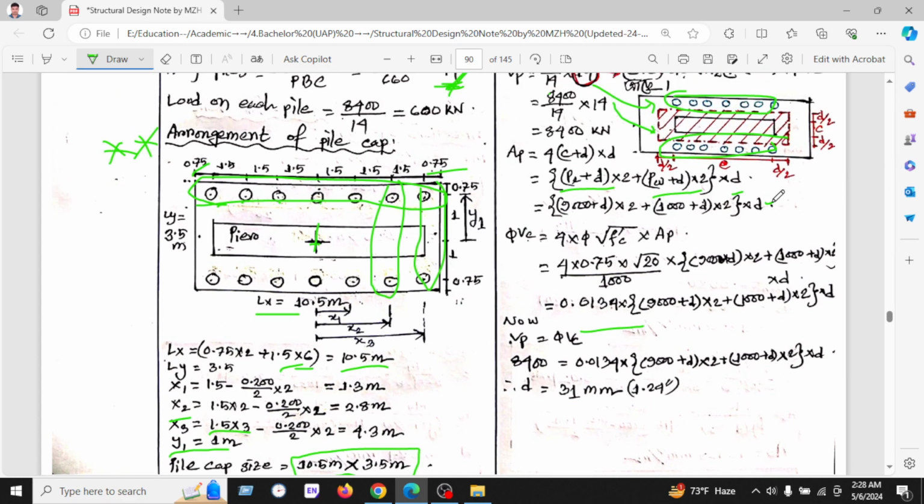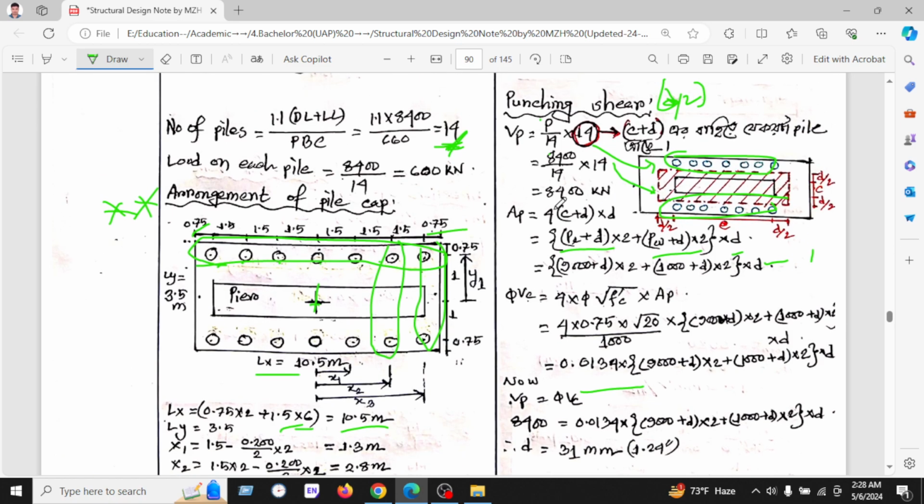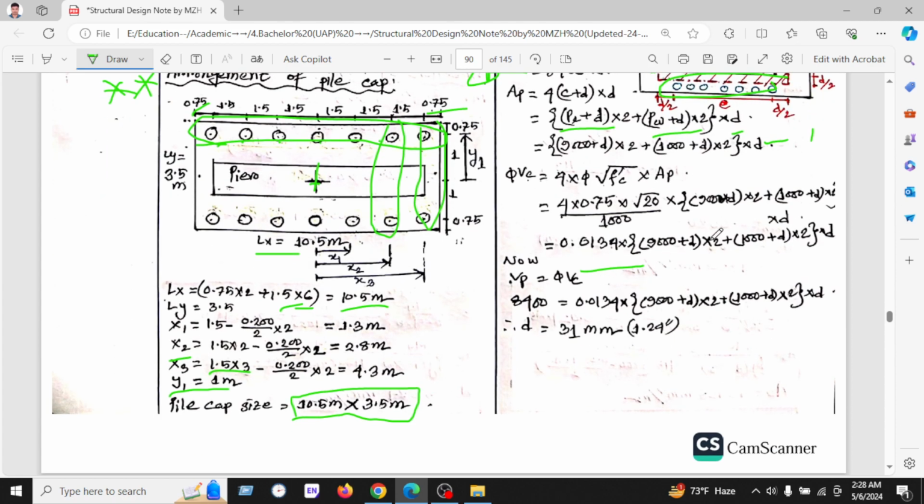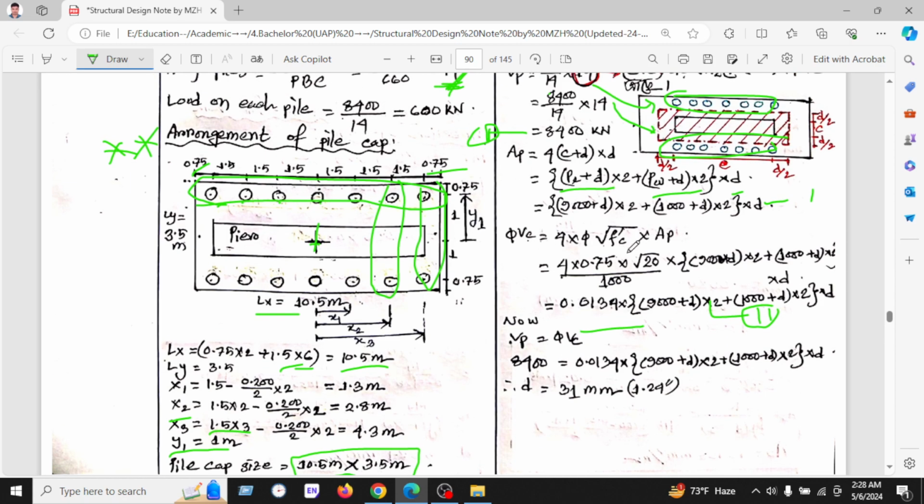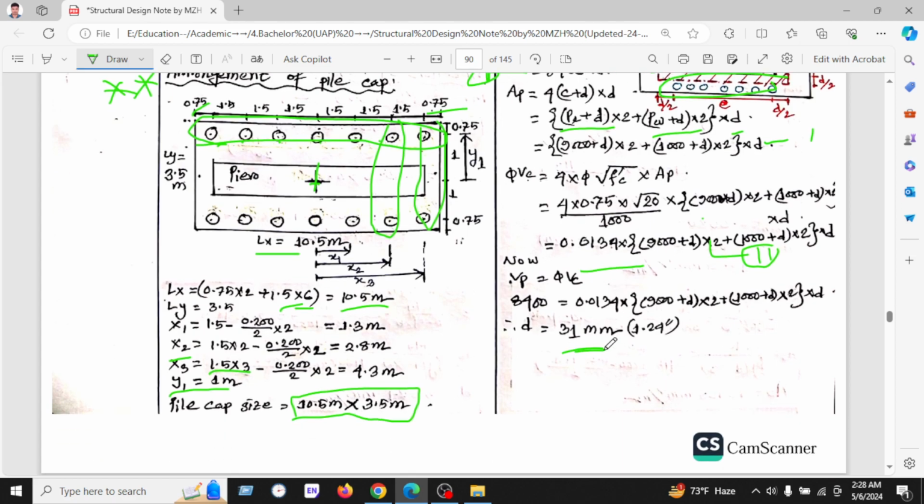So we can say that this is equation 1 and this is equation 2. If we put equation 1 and equation 2 left and right side, then we found 31 millimeter.